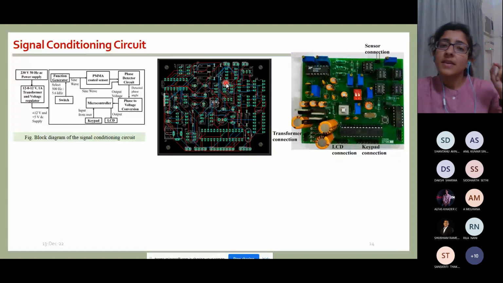Why? Because on a breadboard you are inserting the components, but it may happen that the breadboard is not working properly, or there is some loose connection, or similar things may happen. To remove these errors, you have to move to the PCB design, and it will also give you a neat and clean process.